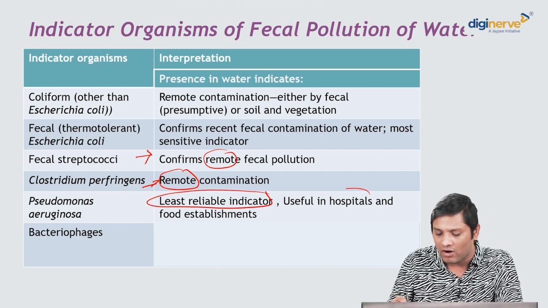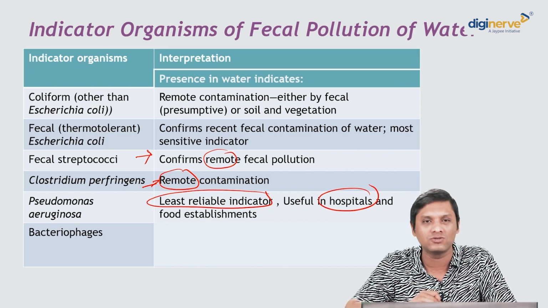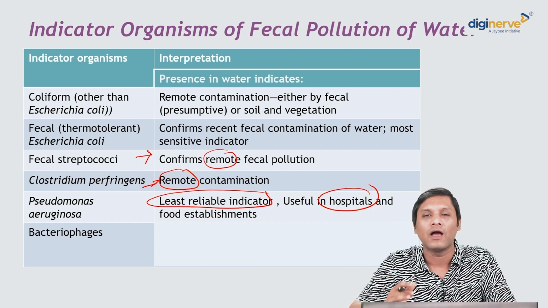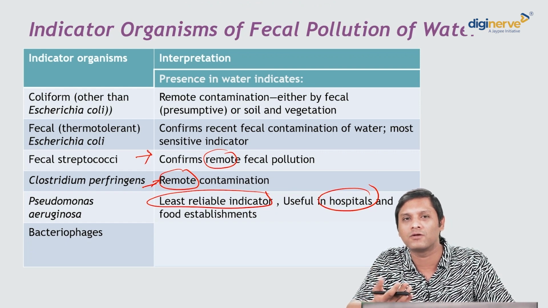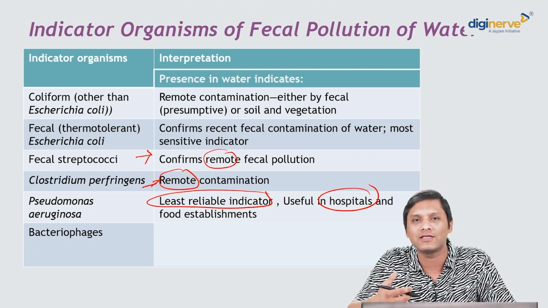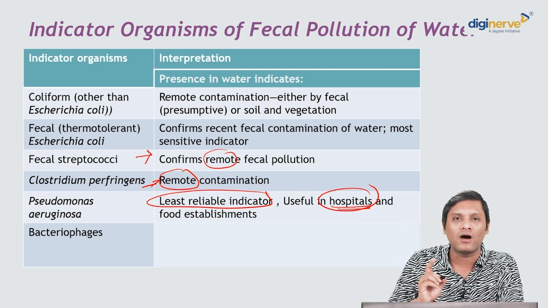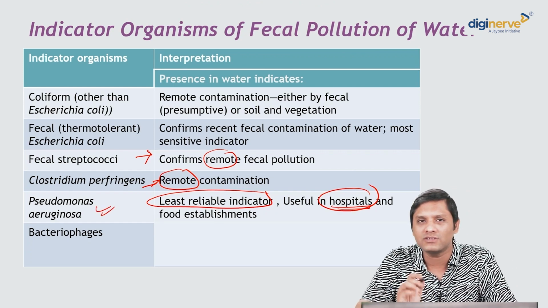It is useful in hospital water supply, because the detection of Pseudomonas aeruginosa in hospital water is very important, because hospital water is not only used for drinking purposes, it is also used for various patient care activities. So hospital water supply should be devoid of all organisms including Pseudomonas aeruginosa.